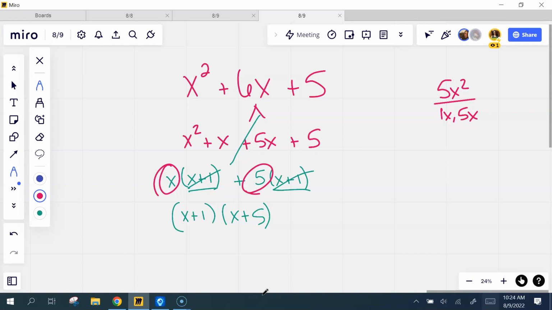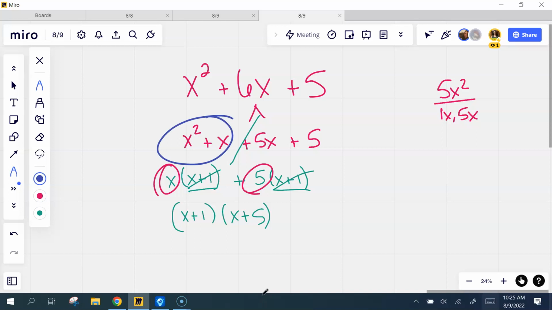I'm fixing to mix the signs up on you a little bit and show you how it can get a little tricky. We found the GCF of both pieces.